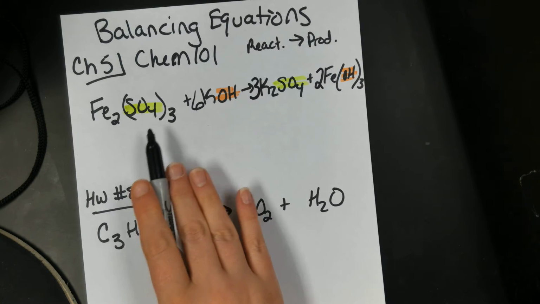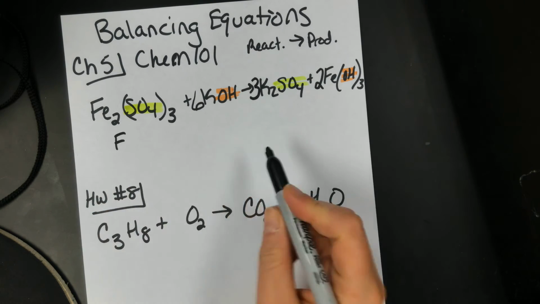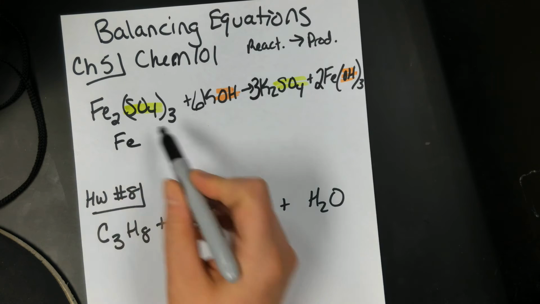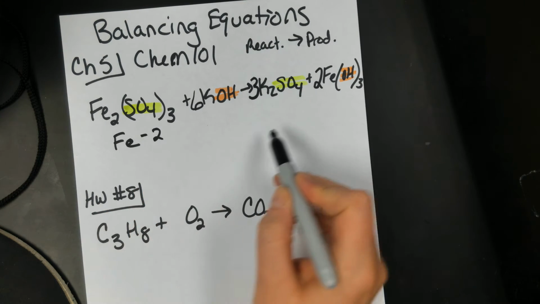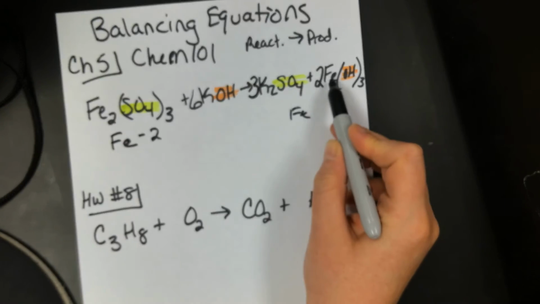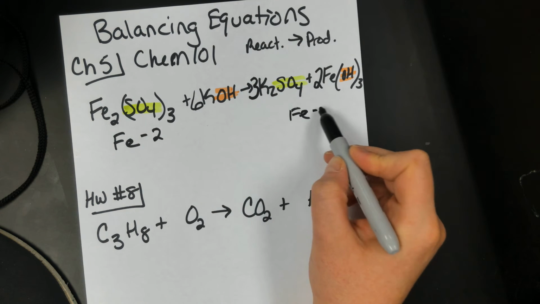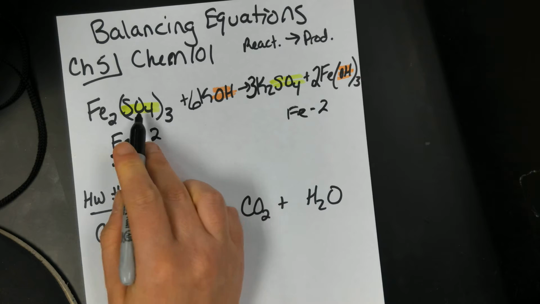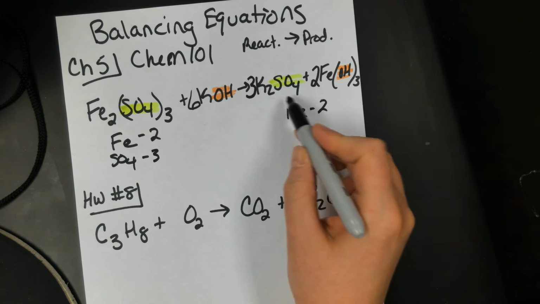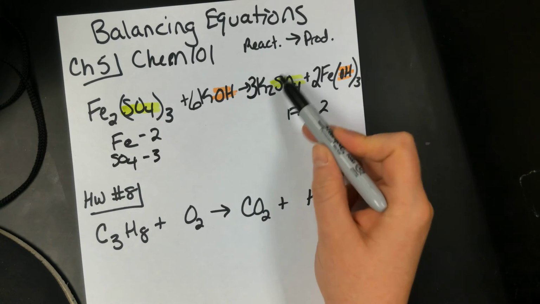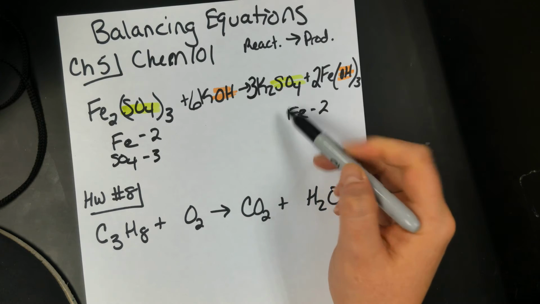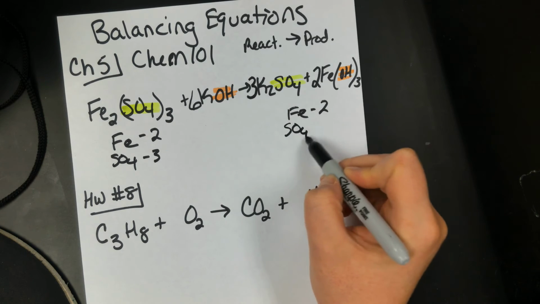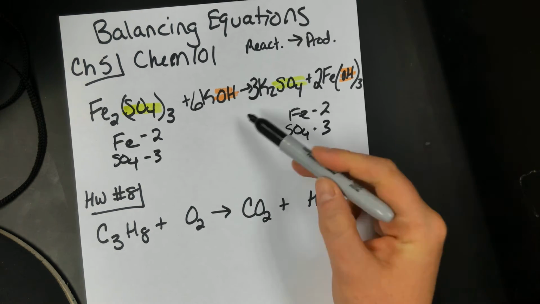So let's double check what we have. On each side, how many Fe's do I have? I have 2 here, and Fe, I have 2. Yay. How about sulfate, SO4? I have 3 here, and SO4, I have 1 right here, but it's multiplied by 3 because of the coefficient. So my SO4s, I have 3 as well. Yay.